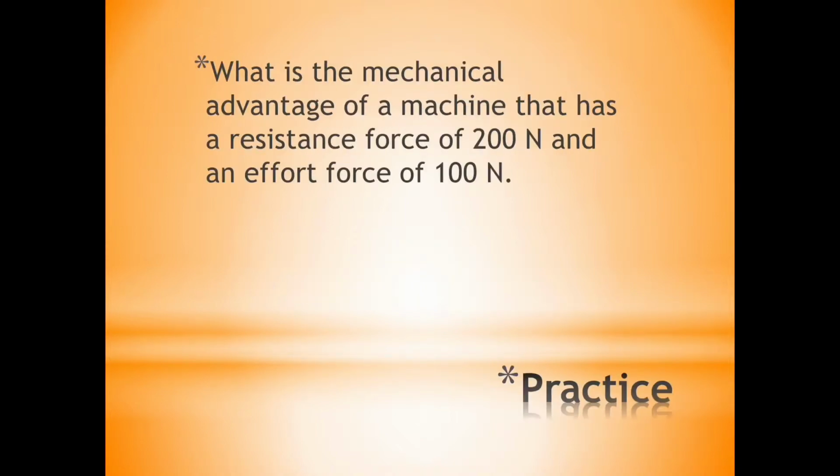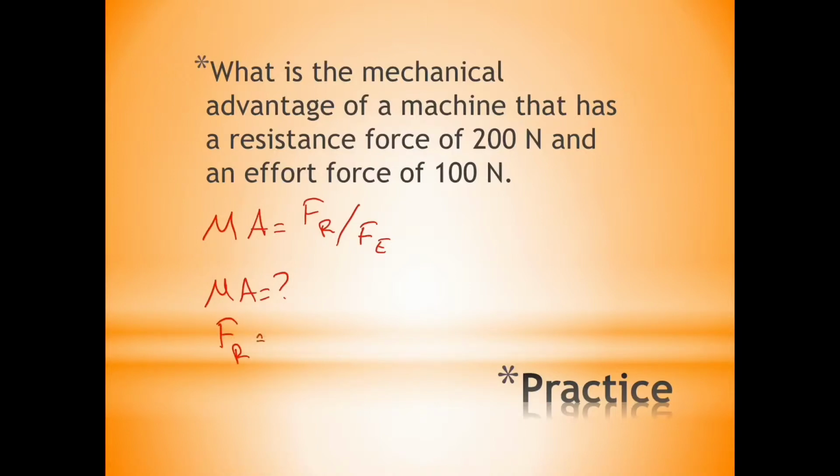So let's do some practice. What is the mechanical advantage of a machine that has a resistance force of 200 newtons and an effort force of 100 newtons? Remember, the equation that I just showed you is MA equals force resistance divided by effort force. We don't know what MA is. That's what we're looking for.